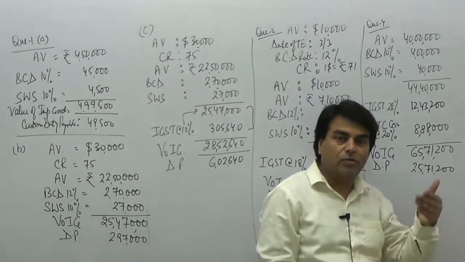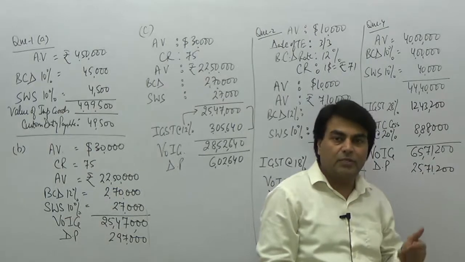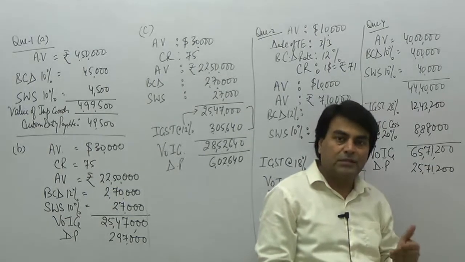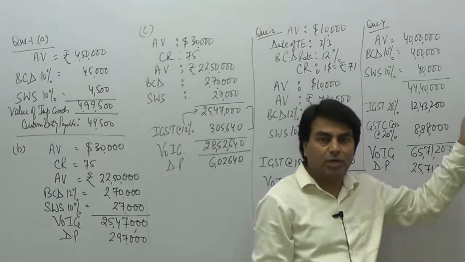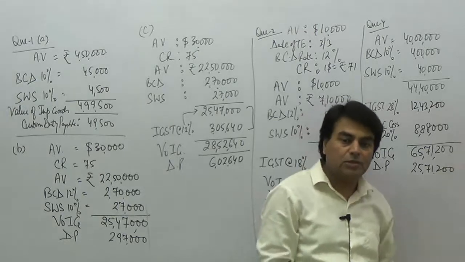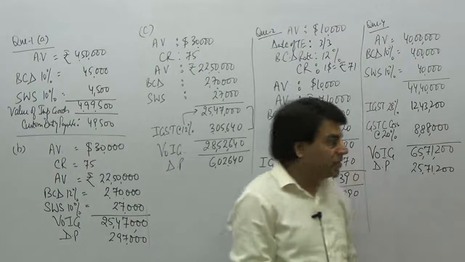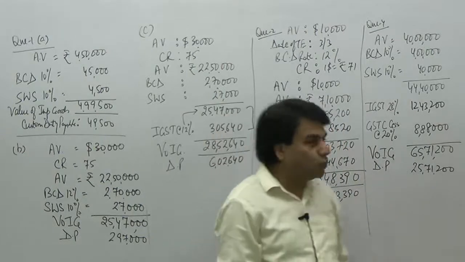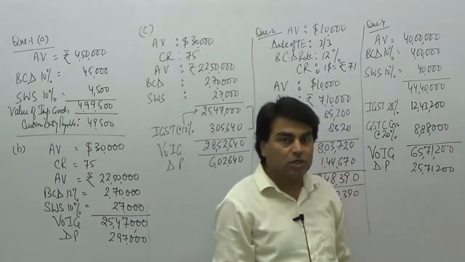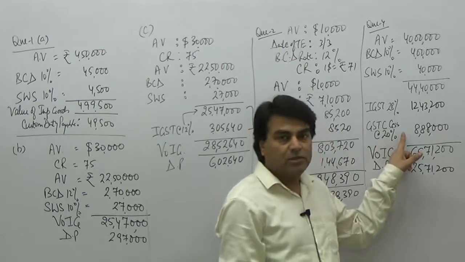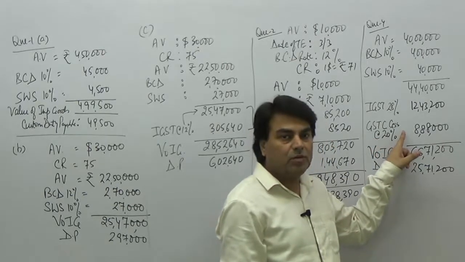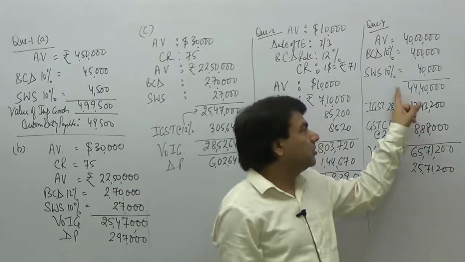If you work out the amount of duty payable and the amount of duty payable plus assessable value is equal to value of imported goods, that means you have not committed any mistake in your calculations. Okay, so that was question number 4. What was new there in this question? It was the GST compensation cess. Must remember it that it is to be calculated on this amount only.